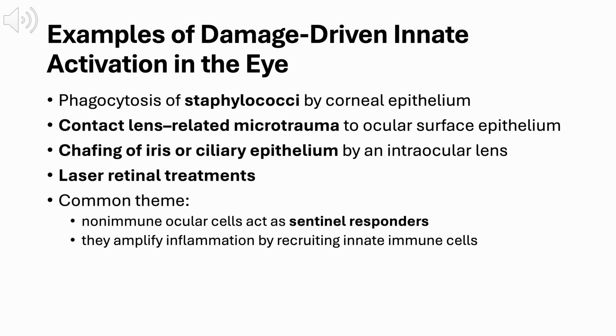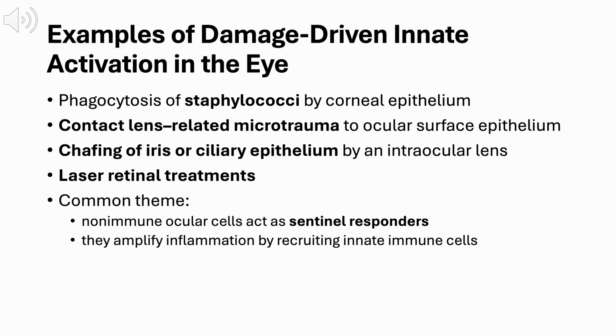These examples show how non-immune ocular cells can serve as active sentinel responders. Corneal epithelial cells can phagocytose staphylococci, while contact lens-related microtrauma can stimulate the ocular surface epithelium even before overt infection develops.